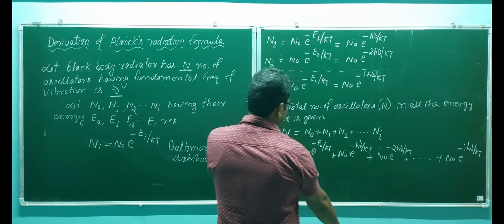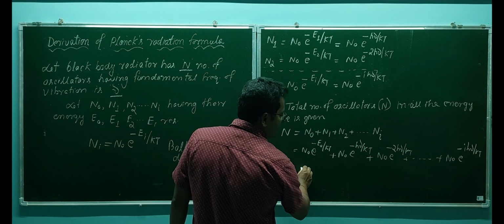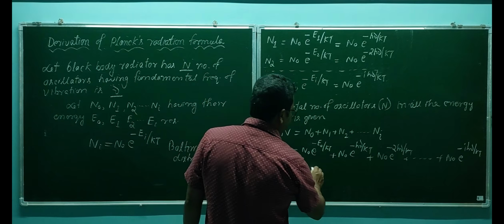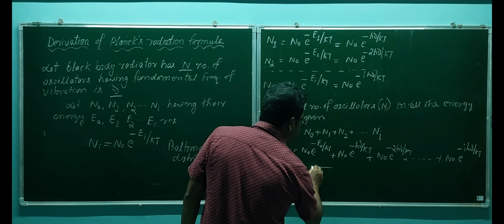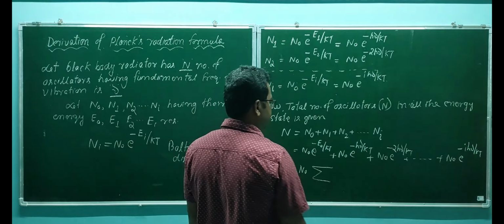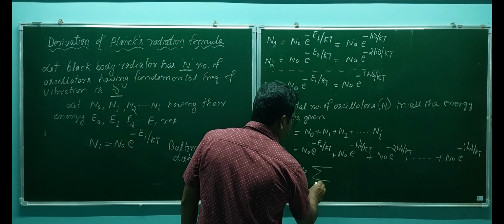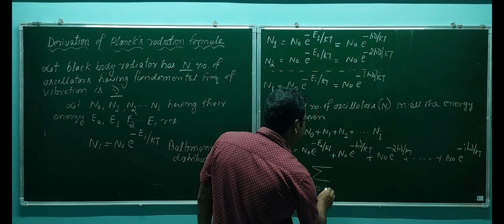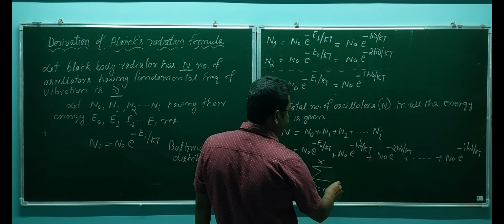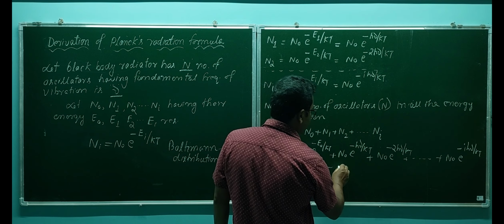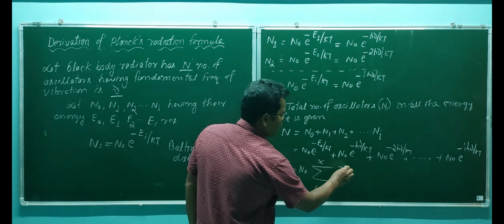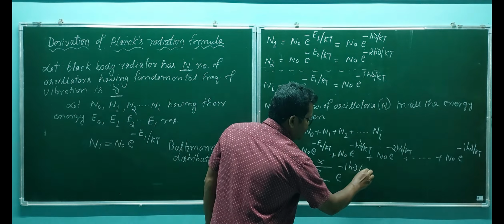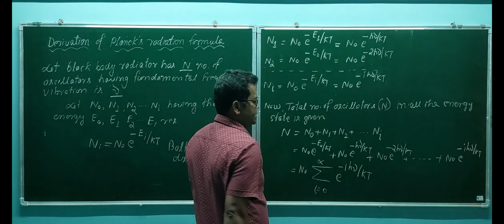Now N0 we can take common, and write the summation i equal to 0 to infinity of e to the power minus i h nu by kT.